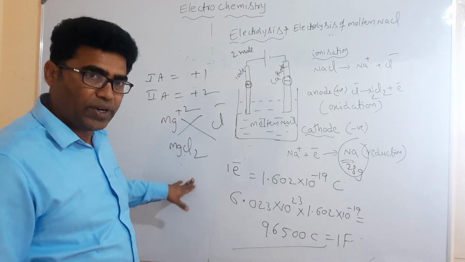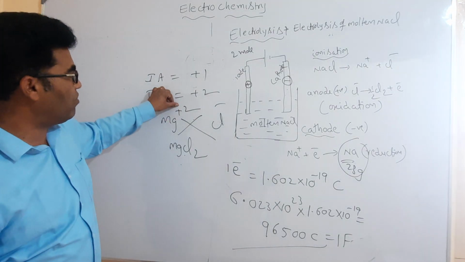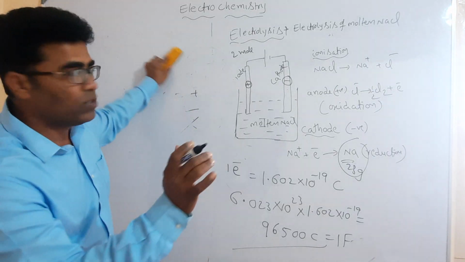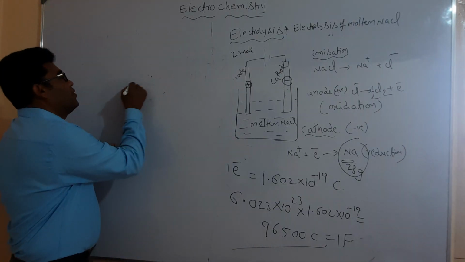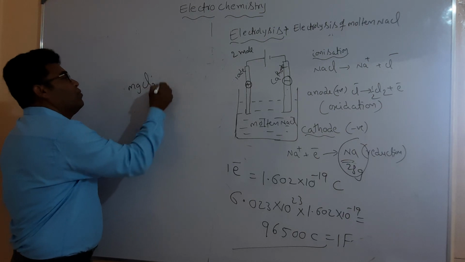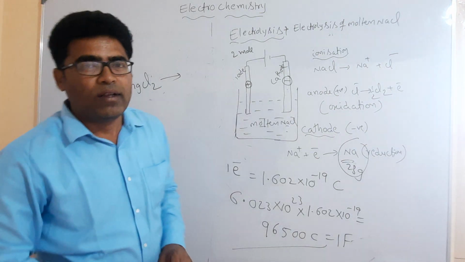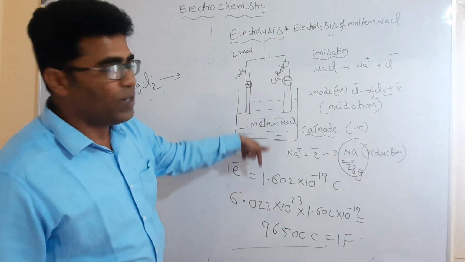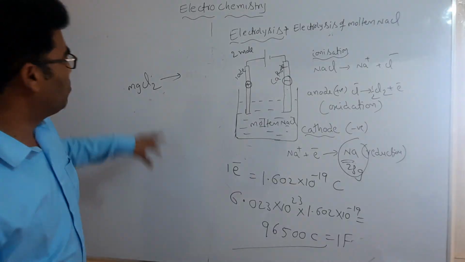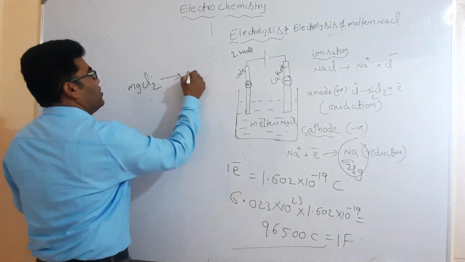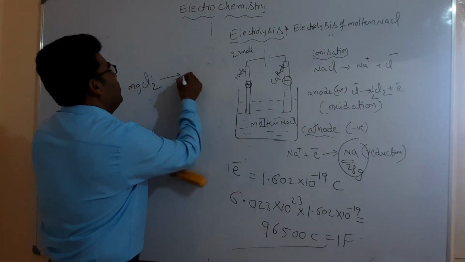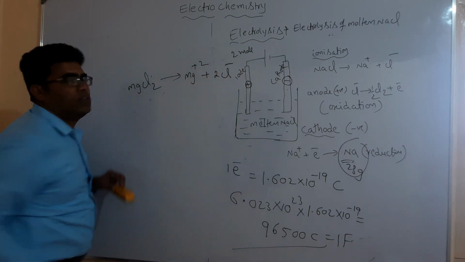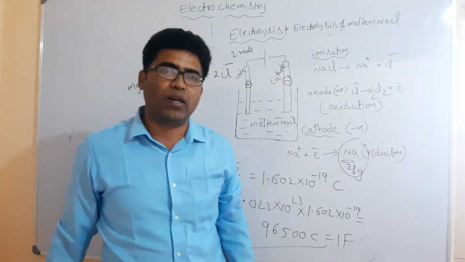Magnesium chloride, magnesium has +2 and chlorine has -1. When electricity is passed through the molten MgCl2, it splits up into Mg +2 and 2Cl minus.